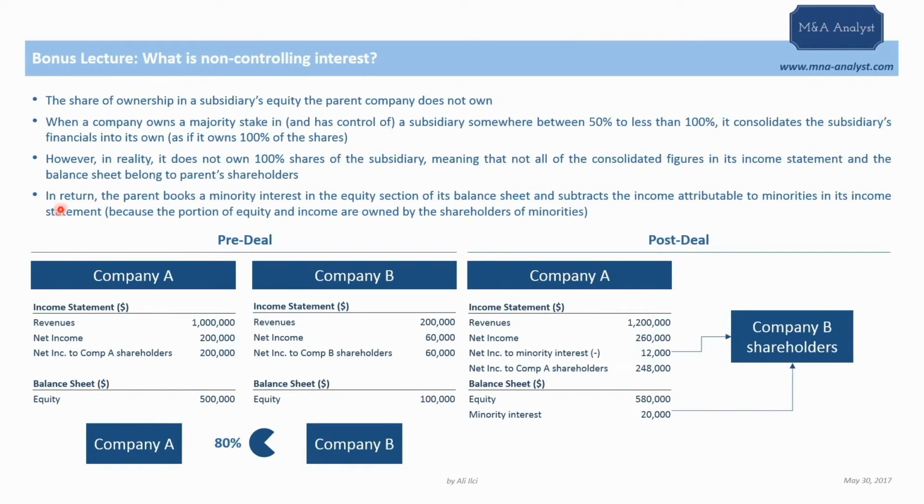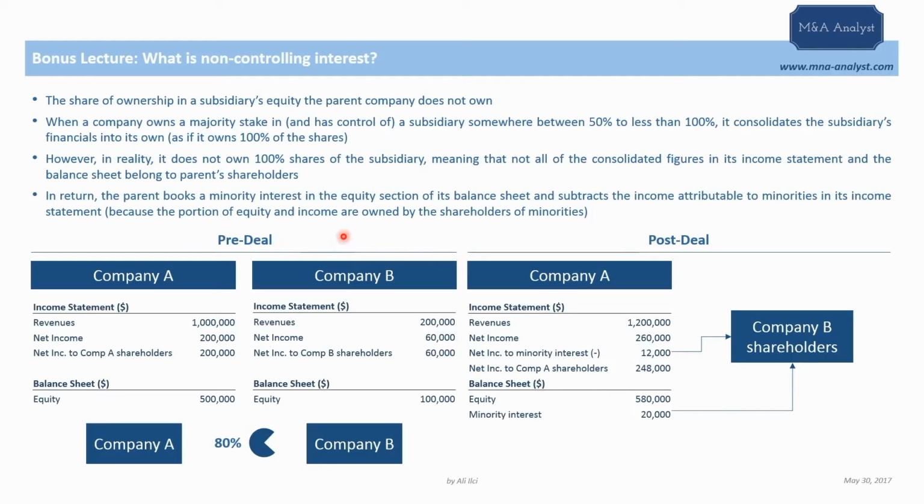In return, what does the parent do? The parent company books a minority interest in the equity section of its balance sheet and subtracts the income attributable to minorities in its income statement, because that portion of equity and income is not owned by the parent's shareholders. So it is called non-controlling interest or minority interest, as a result of the accounting principles of consolidation.